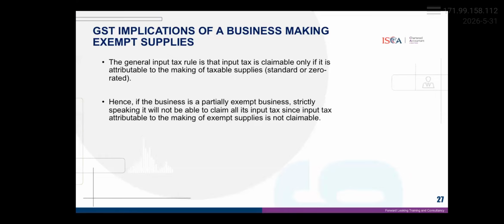However, if the business is a partial exempt business, that means it generates some exempt supply, strictly speaking, you cannot claim the full input tax from the government because some of the input tax that is attributable to the making of exempt supply is not claimable.